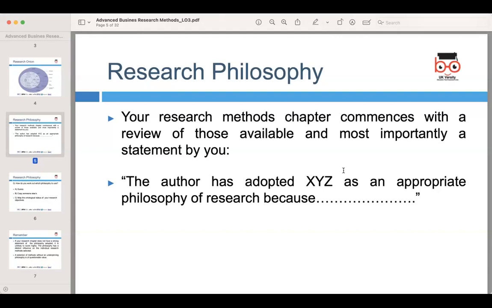Simply put, it's a framework or set of principles that guide our thinking and decision making throughout the research process. It also helps us understand the nature of knowledge, how it can be obtained, and how we can interpret it.